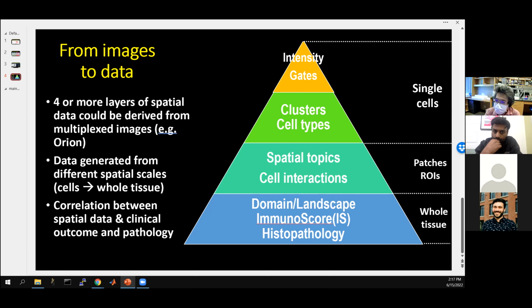And if you think the other way around, a more traditional way people look at tissue is histopathology. They always take this kind of top-down approach, looking at the large morphology, then going to the single cell.